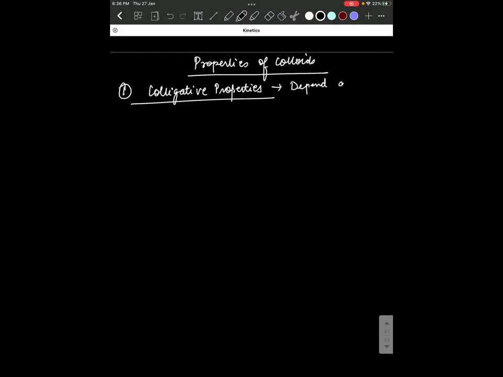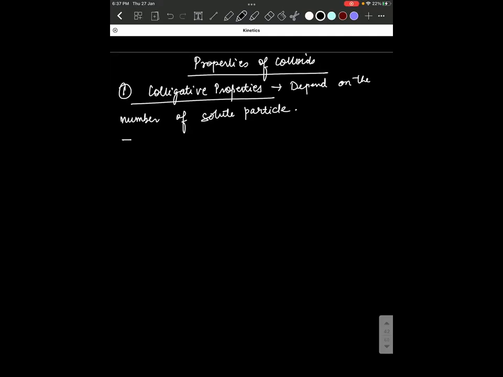They depend on the number of solute particles. Right? Yes. The number of solute particles. So the same property is of colloids also. Colloids exhibit the colligative property. So they depend upon the number of solute particles.